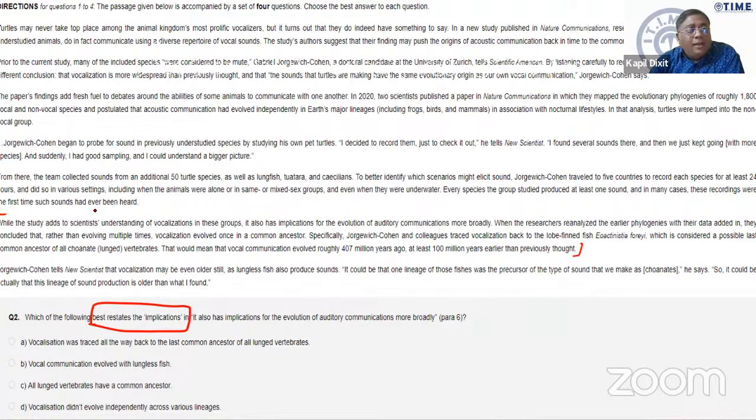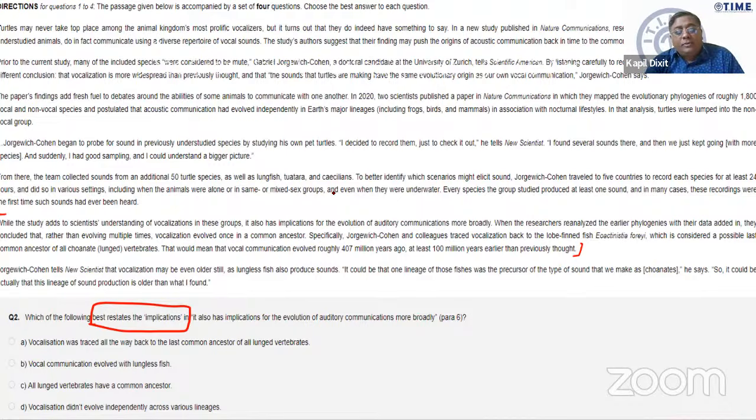While the study adds to scientists' understanding of vocalizations in these groups, it also has implications for the evolution of auditory communications more broadly. When the researchers reanalyzed the earlier phylogenies with the data added in, they concluded, it is written, they concluded, I will underline for you, that rather than evolving multiple times, vocalization evolved once in a common ancestor.